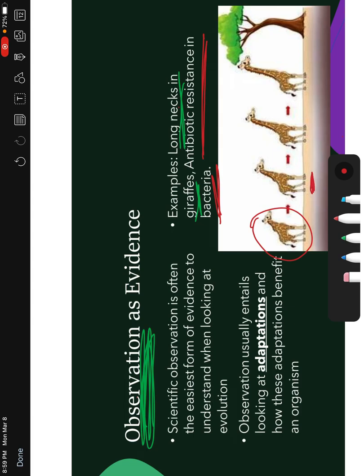This then gets passed on to the offspring, and over time, the longer your neck is, the more beneficial it is, until we reach modern day giraffes, which have the very long necks, which helps them reach food, as well as when they fight, to be able to win the rights to mate.